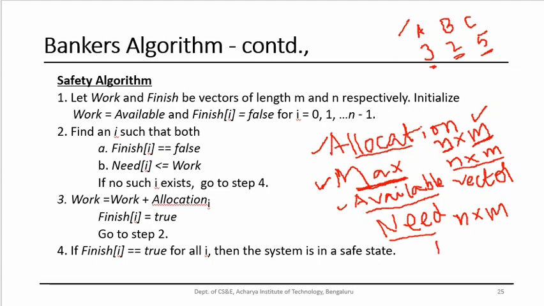For example, let's say you have written the need of some process I as a vector, something like 1, 0, 1.